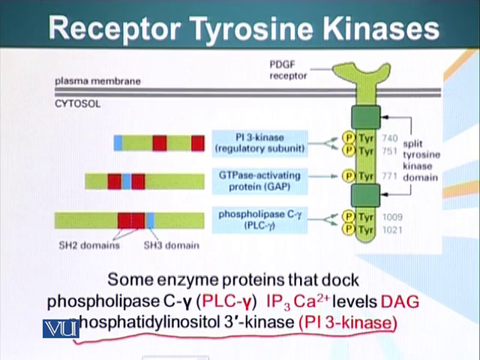So here we have a basic, generic structure of a receptor tyrosine kinase. You can see the kinase domain here, which has been split, and other additional residues or amino acids present in this protein, which can be phosphorylated.